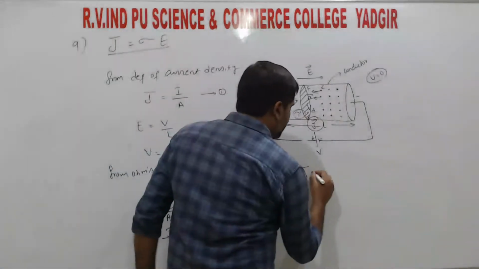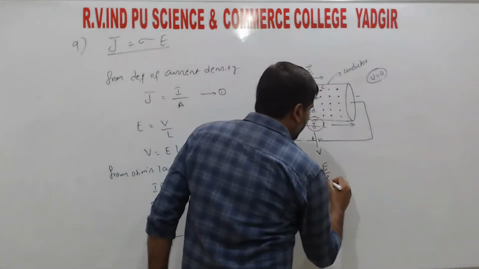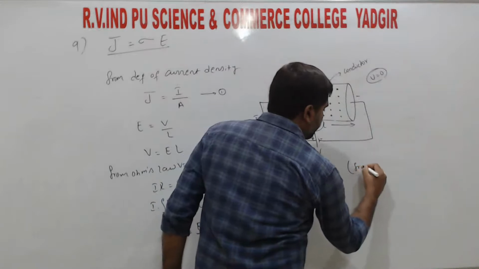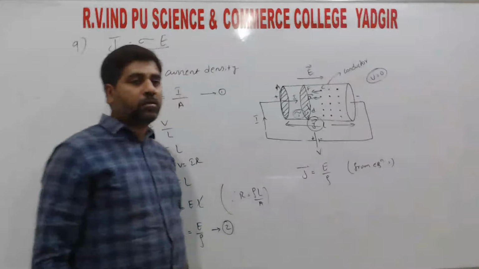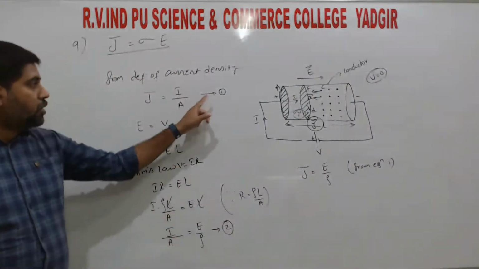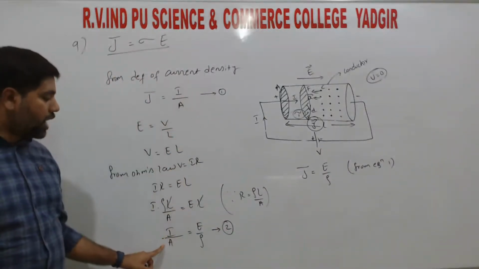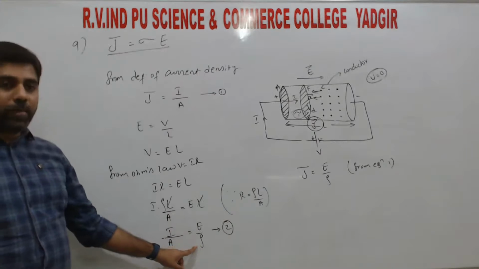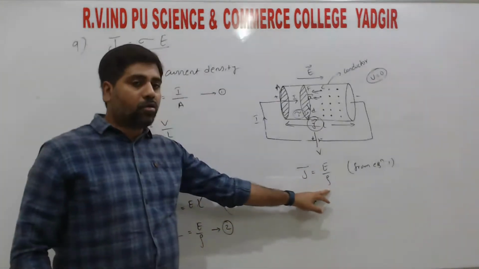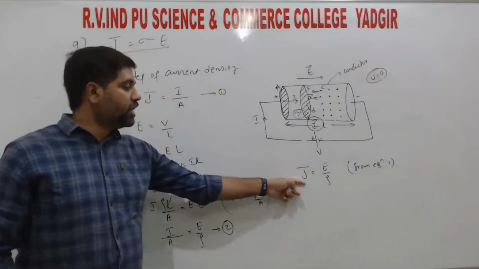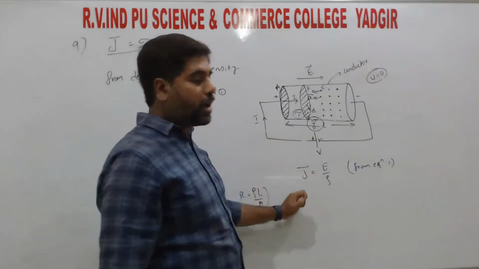So J is equal to E divided by rho. From equation 1, in place of I by A we can write J is equal to E by rho, so equation 1 becomes J is equal to E by rho, right?